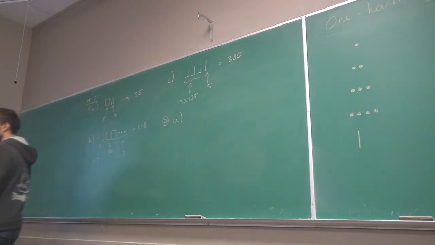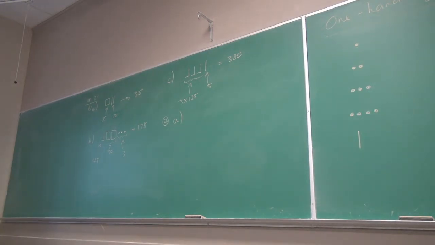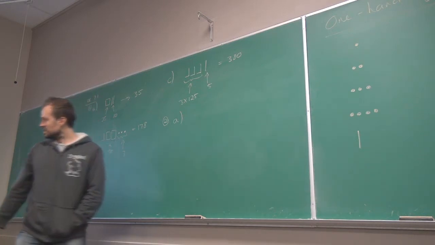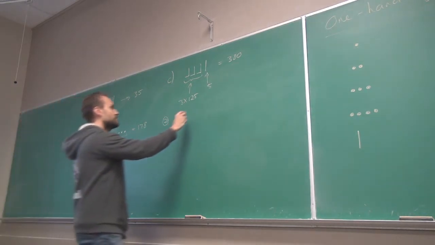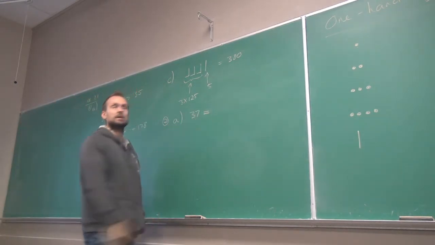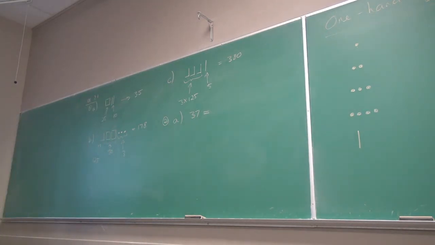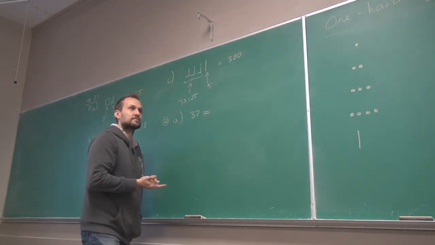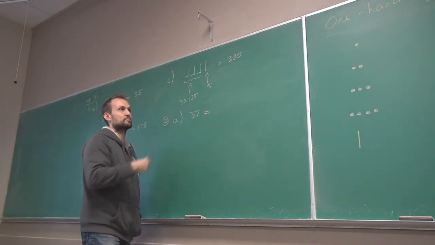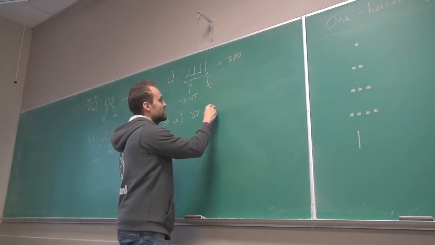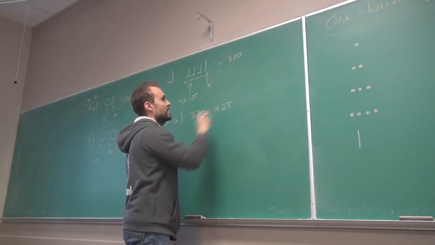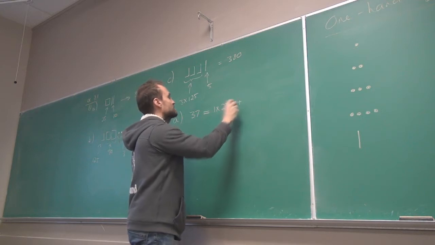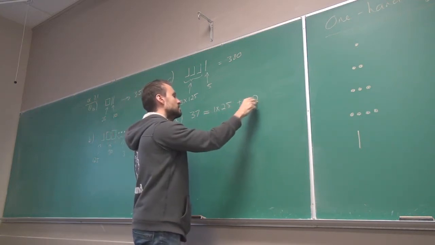Now I'm given a decimal number, and I want to make the one-hand representation. There is a 37. So what would I have to do here? I'm going to have to break this up, just like I did for Babylonian numbers, just easier, because I'm only working with 5. It's not like I'm drawing 37 rocks. I have to make bigger groups. So I can say this is one group of 25. Then how much is left over? 12.